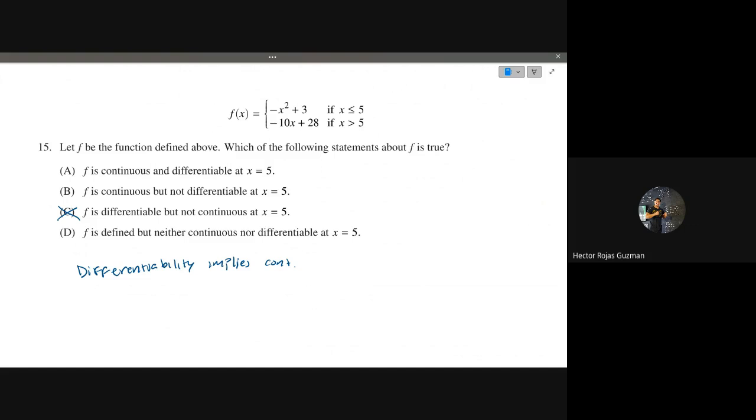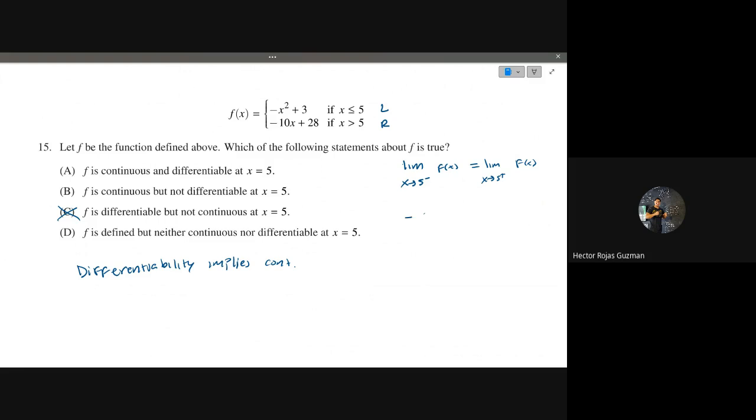Okay, so let's check if it's continuous. The limit as x approaches 5 from the left should be equal to the limit as x approaches 5 from the right. So my left function is this one because x is less than 5, and this is my right function.